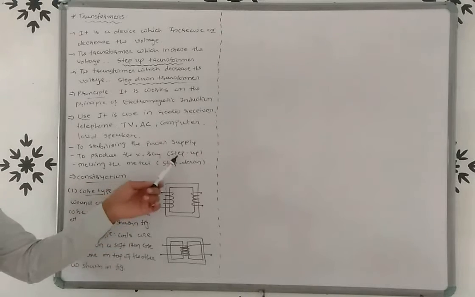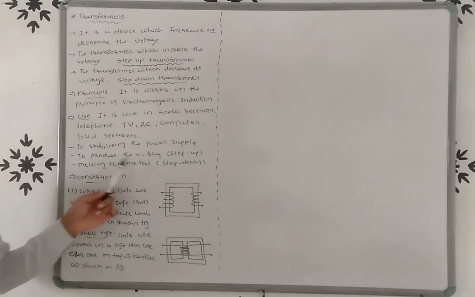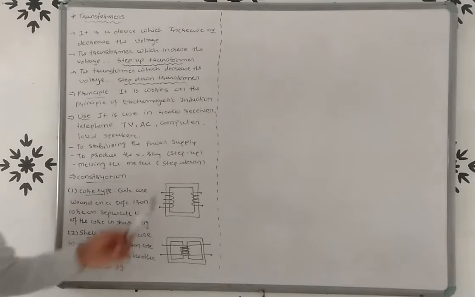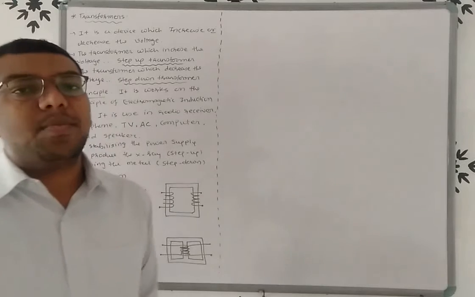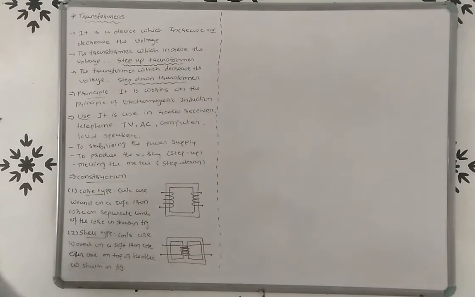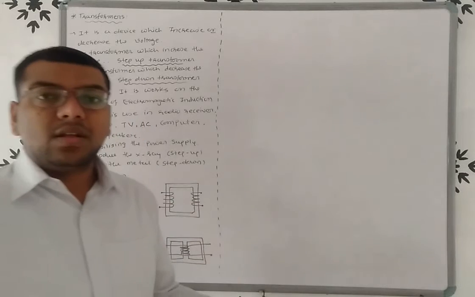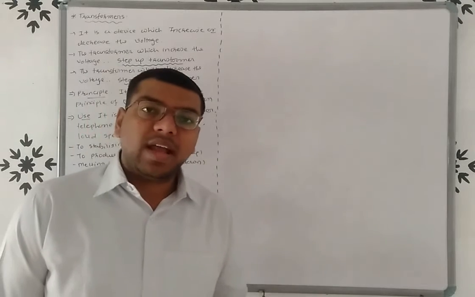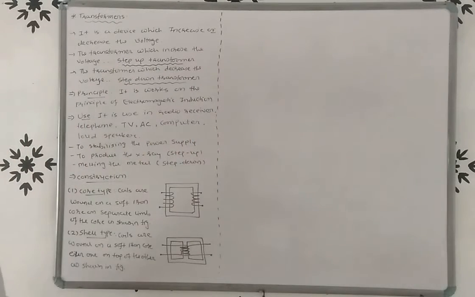The step up transformer is used to produce X-rays, and the step down transformer is used for melting the metal.